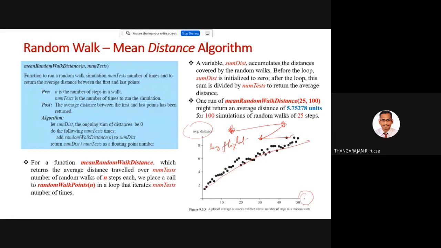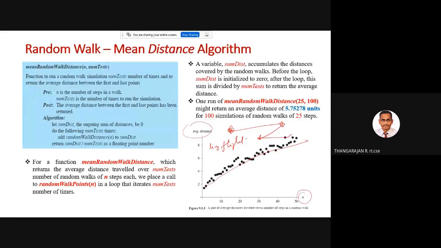That means this is typical of the hunting behavior of animals. They never hunt in just one place. They do a random walk in a particular place for some time. After that, they find they don't have enough food there, so they take a long distance and do a local search elsewhere. Then again they take a long distance and do a local search. Such a distribution is called a Levy flight distribution.